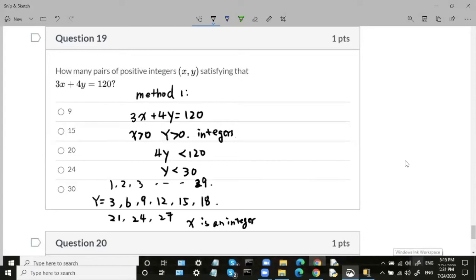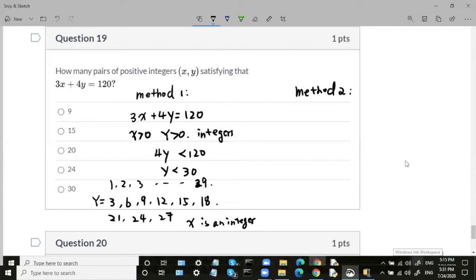And the other numbers don't work. Okay, so we have method 2, because with method 1 we have to try 30 numbers. It's still too many cases. Let's narrow down the y values.